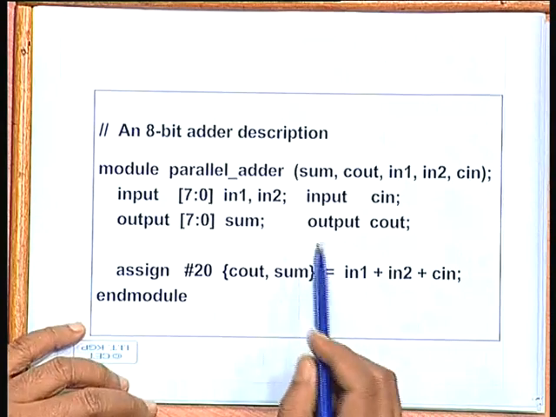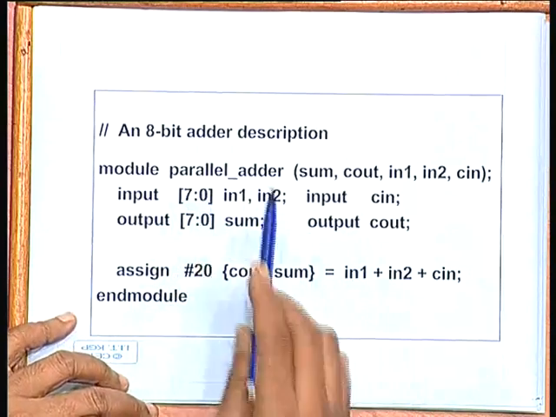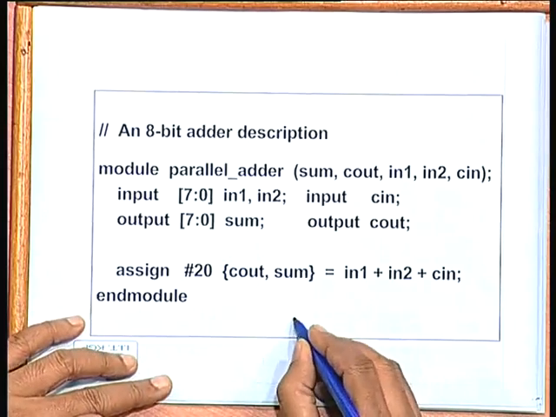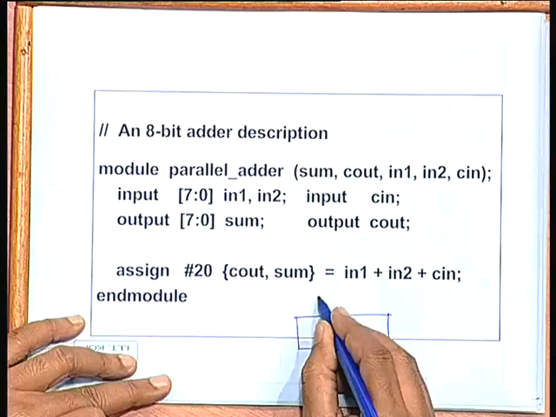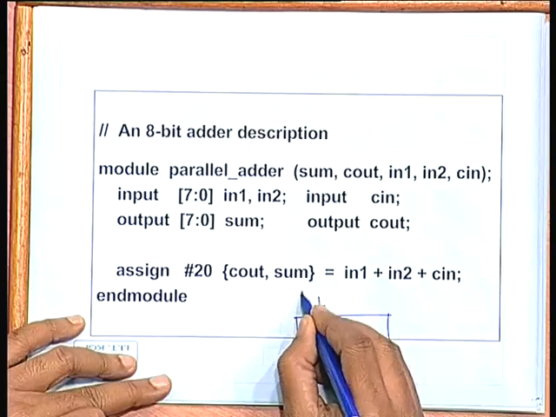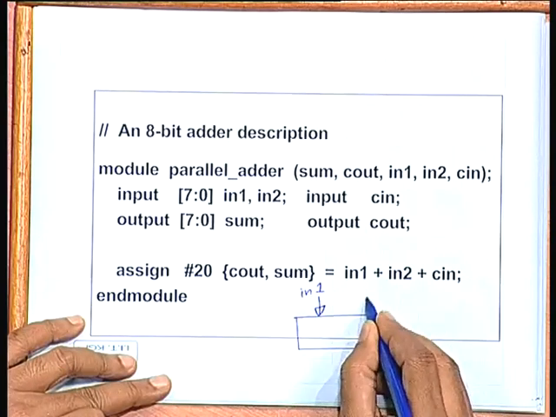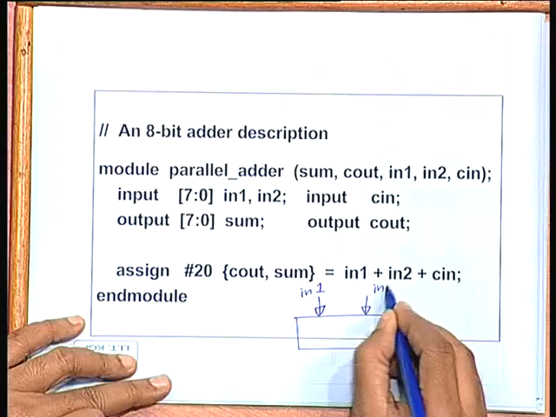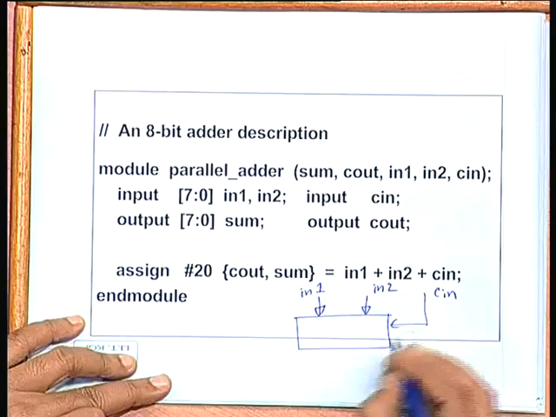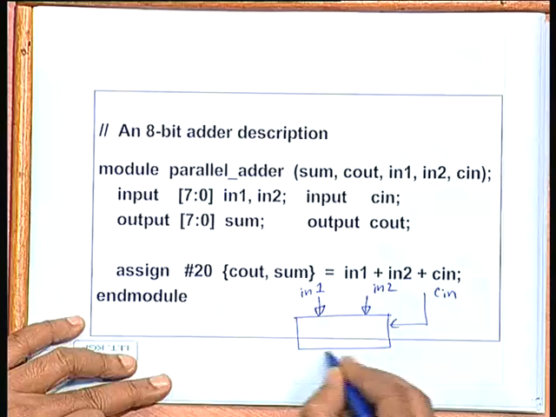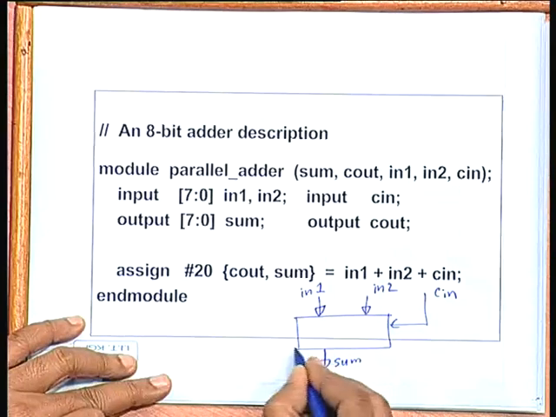See, here we are trying to model a parallel adder. Parallel adder says that we have one input vector, this is a vector in 1, there is another input vector in 2, there is a carry in, and in the output you have sum, this is also a vector, and we have a carry out.